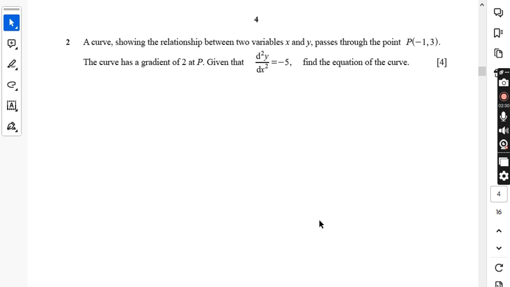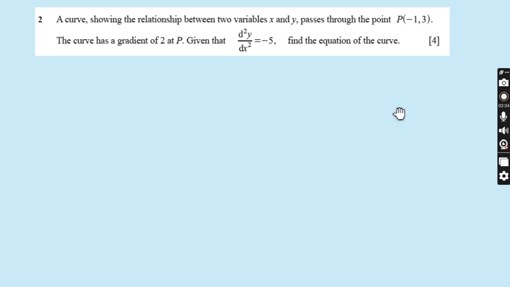Find the equation of the curve. 4 marks question. You know calculator is allowed in ADMath. So we have to find the equation of the curve. Whenever the derivative or the double derivative is given and you have to find the curve, obviously integration is involved.